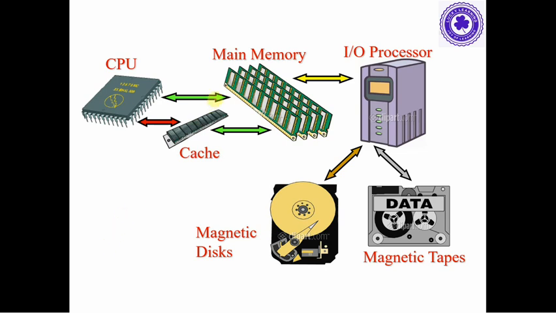But the access time of main memory is more. To improve the speed of execution, between the main memory and CPU we place cache memory. Cache is a faster memory when compared with main memory, so that execution time can be reduced. It means speed can be increased.